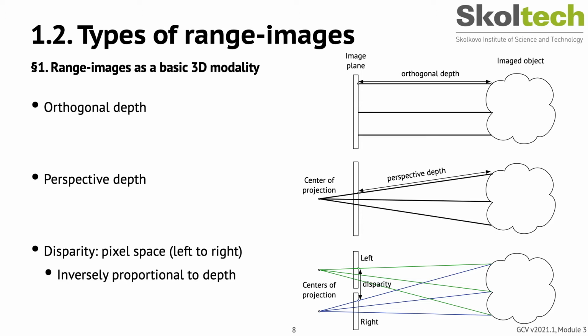To this end, orthogonal or perspective depth really represent metric depth, while disparity is the difference in pixels in the image space that is inversely proportional to depth.